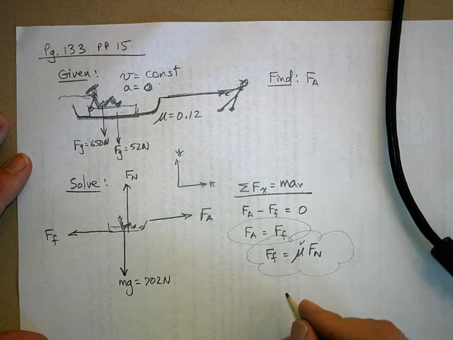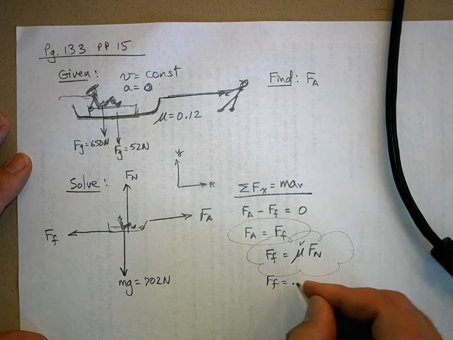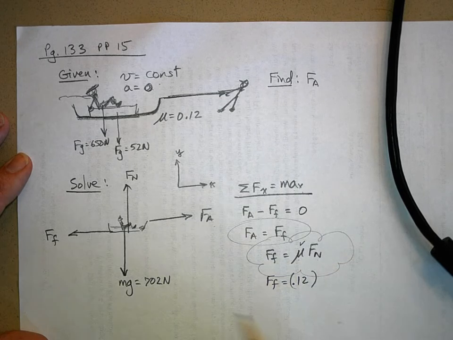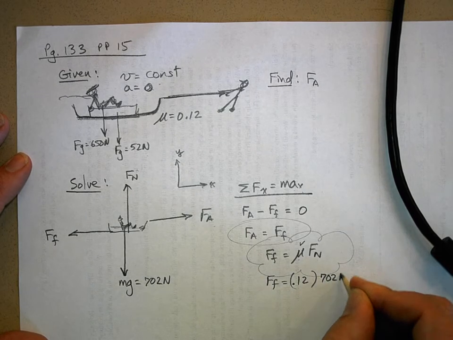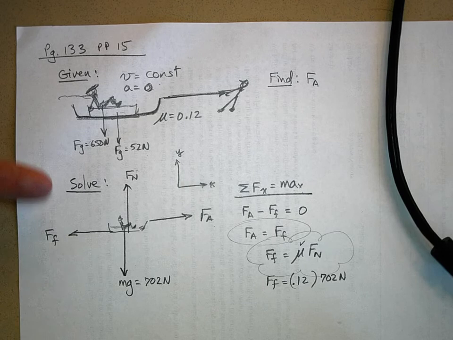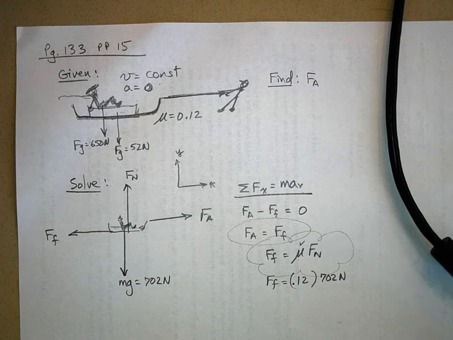And so force of friction is equal to 0.12 times the normal force. Well, what is the normal force equal to? Now, I'm just going to say it's 702 newtons because I can look at my free body diagram and say, hey, there's no acceleration in the y direction, so the weight and the normal force have to be equal but opposite. So the normal force is 702 newtons.